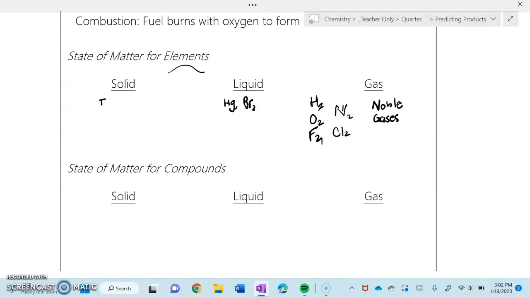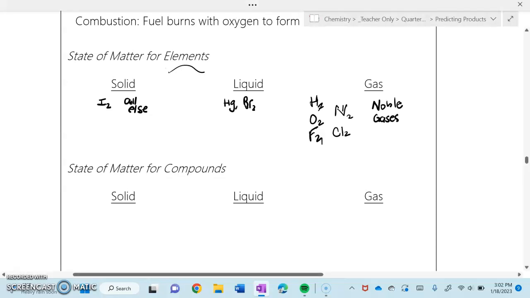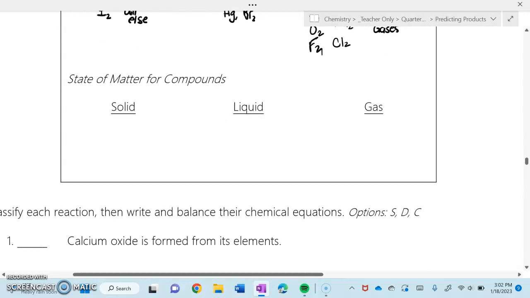So our only diatomic solid is iodine, and then all the other elements are solids, which includes all of the metals, and then all the remaining nonmetals. So those are our elements. Most of them are solid, with a couple of liquids and a handful of gases.